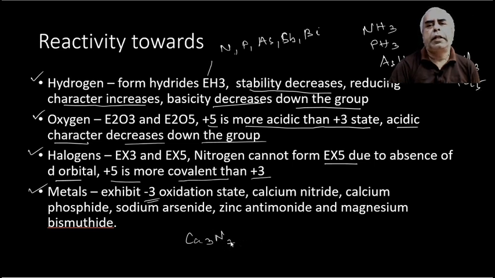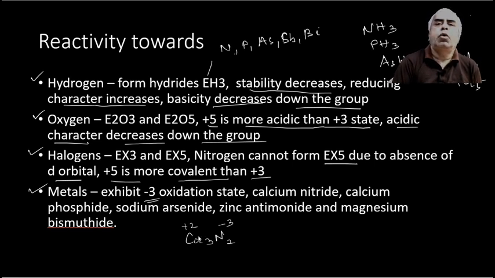Because nitrogen has a valency of -3 and calcium has a +2 oxidation state. Calcium is more electropositive, whereas nitrogen, when compared with calcium, has less metallic behavior.